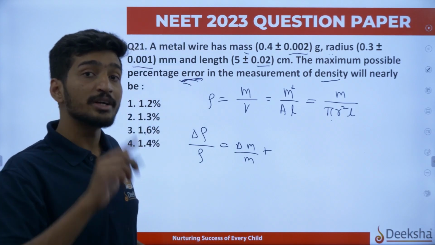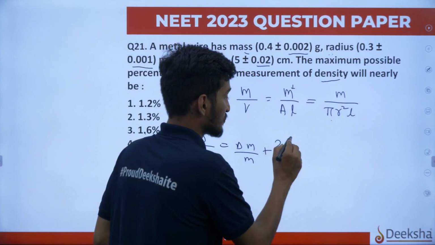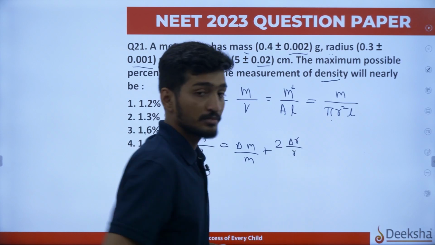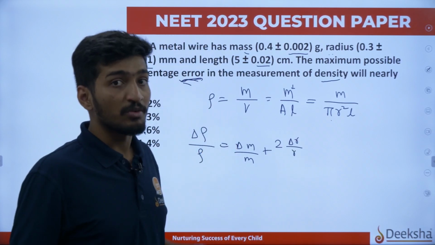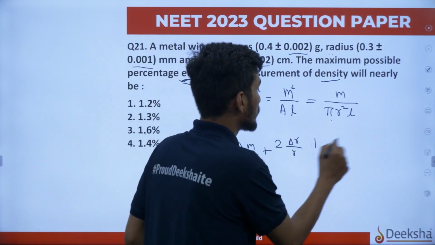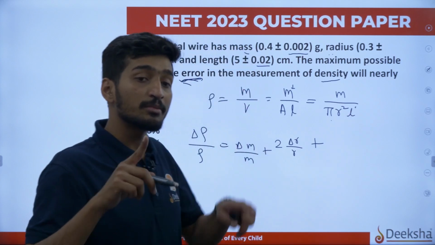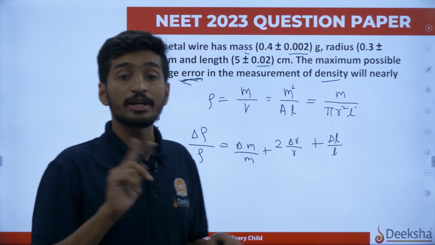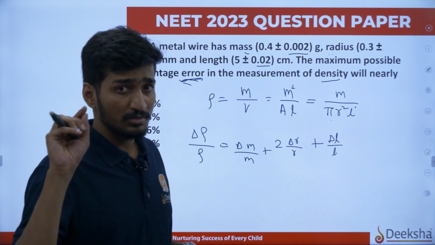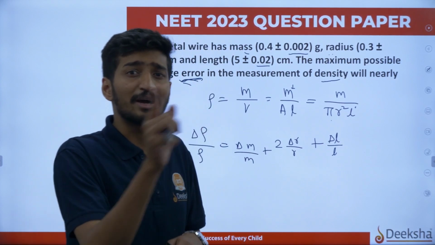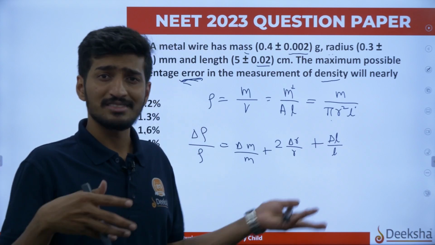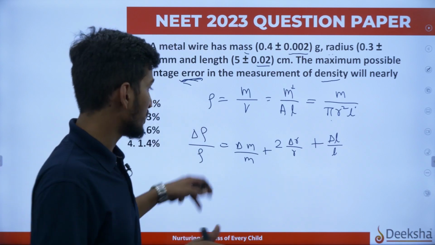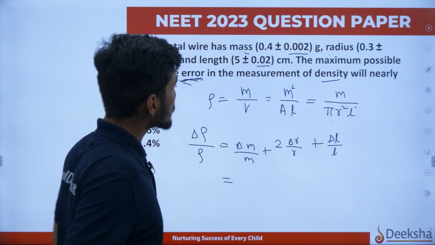So the error contributed should be 2 times the error in radius. Next, what's the power of L here? 1. So the error contributed should be 1 time delta L by L. That's how errors are contributed. You all should remember this. If you attended your physics labs, they might have taught you there itself. Otherwise, they might have taught you in the class. Okay.